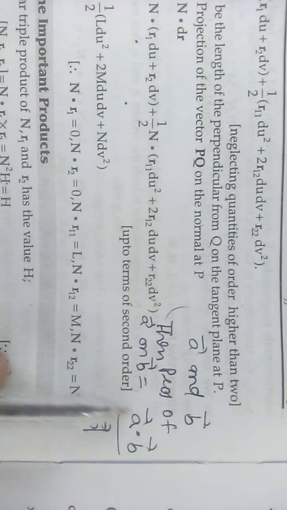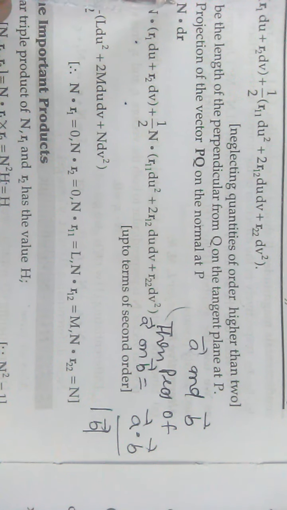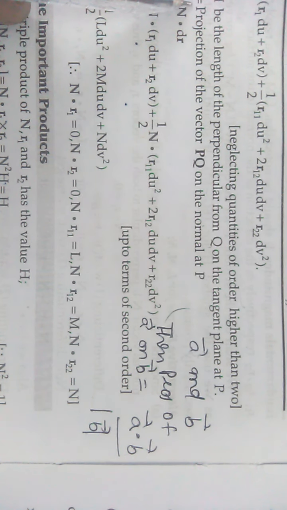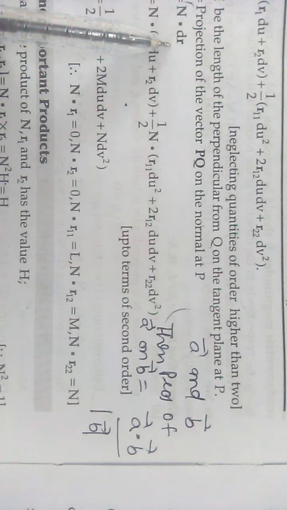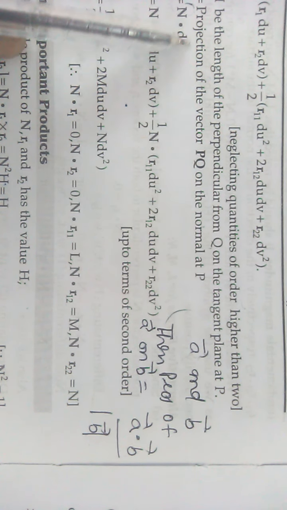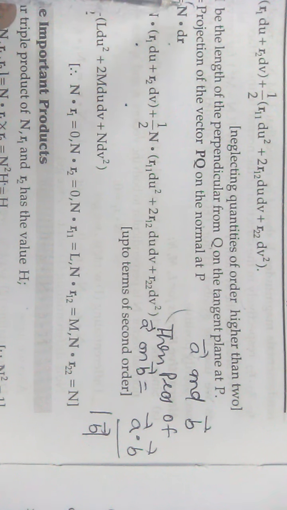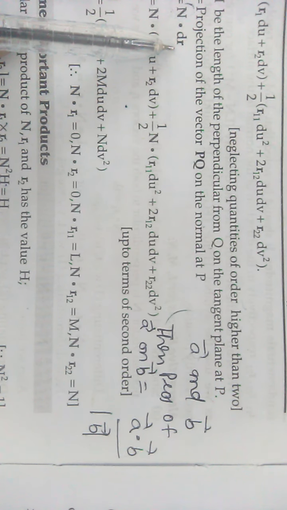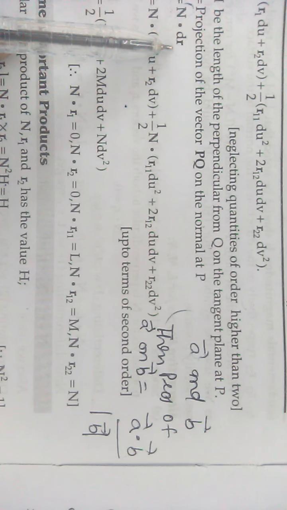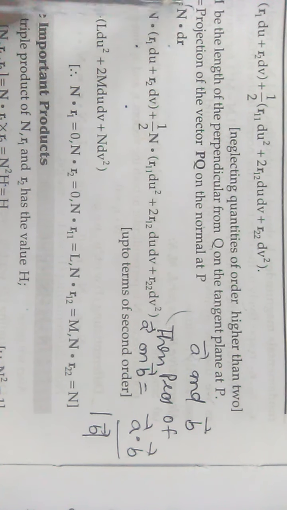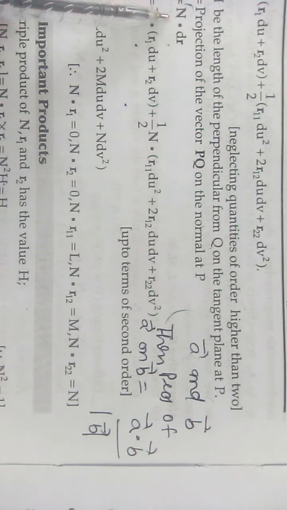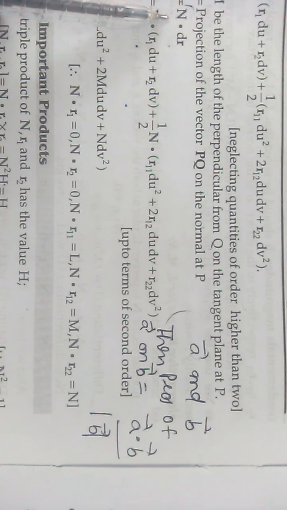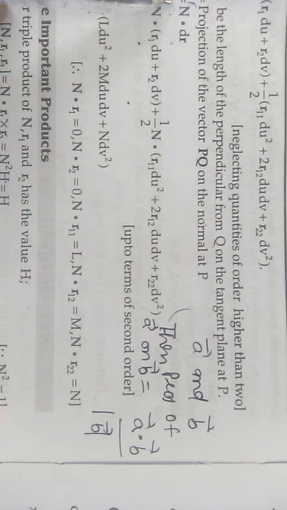So by using this formula of projection, here we have two vectors. The first vector is vector n and the second vector is vector dr. We are finding the projection of the vector dr on this unit normal vector. By this formula, it is n dot dr divided by the magnitude of the vector n, and because n is the unit normal vector to the surface, its magnitude will be 1.